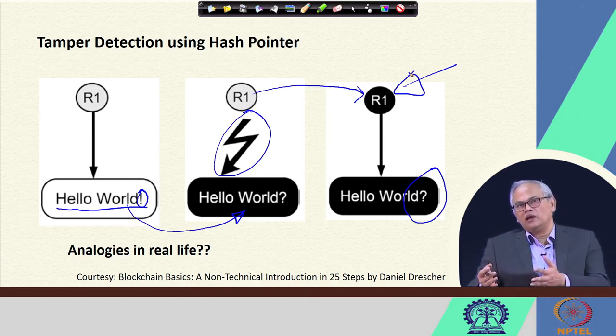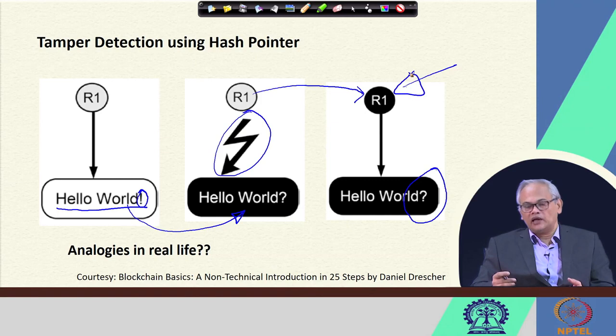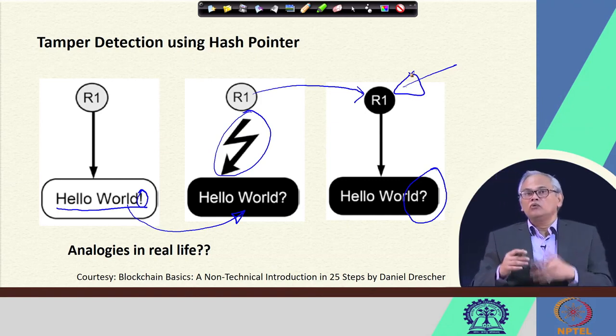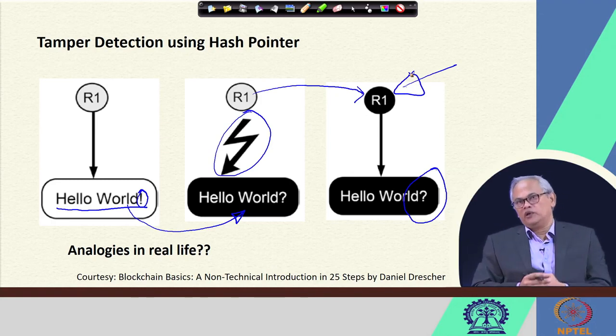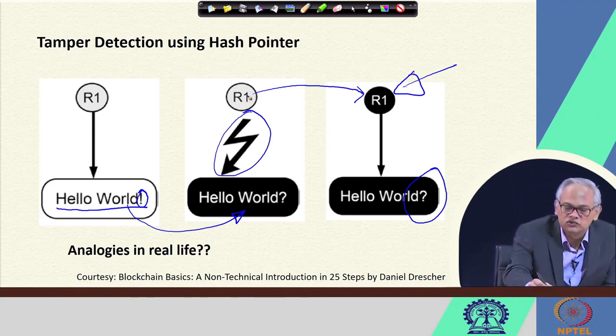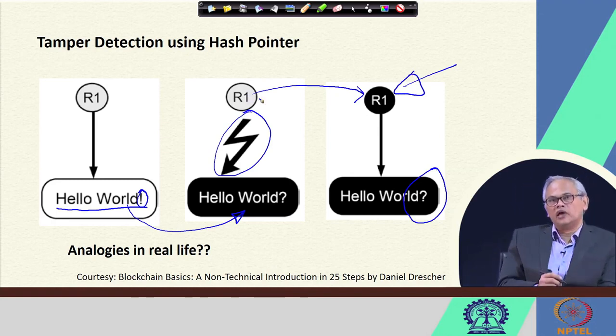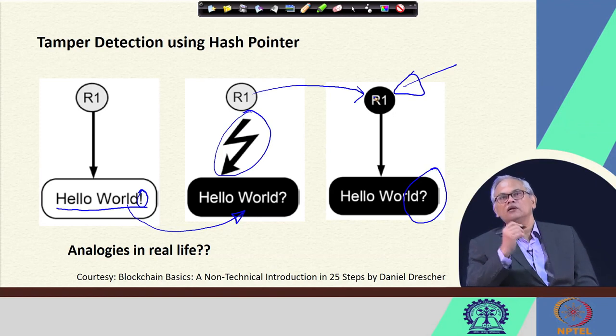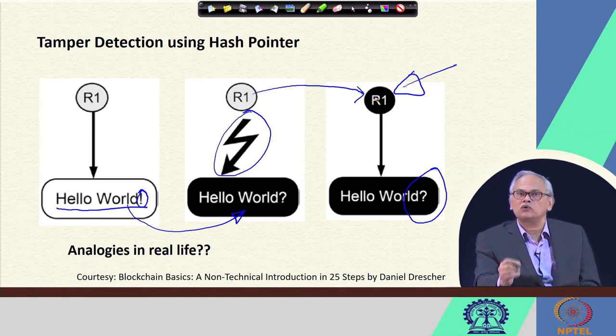The digest that I get, I will try to match with the digest which itself has also been updated. Although the hash that was stored here would not have matched the hash of hello world question mark, this R1 in the black circle will now match the hash of the hello world question mark.